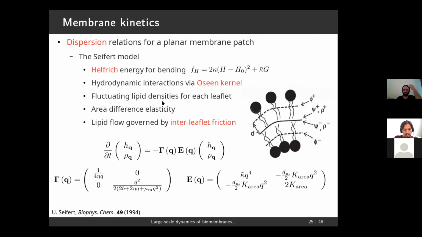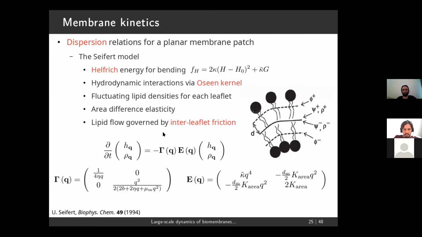It includes the fluctuating lipid density, so the free energy that it uses also includes a term for two leaflets and the internal compressions of the leaflets. And it uses the area difference elasticity between the two leaflets. Also, there is a friction between them, so if they have different expansions or they want to move with respect to each other, they experience a certain dissipation.